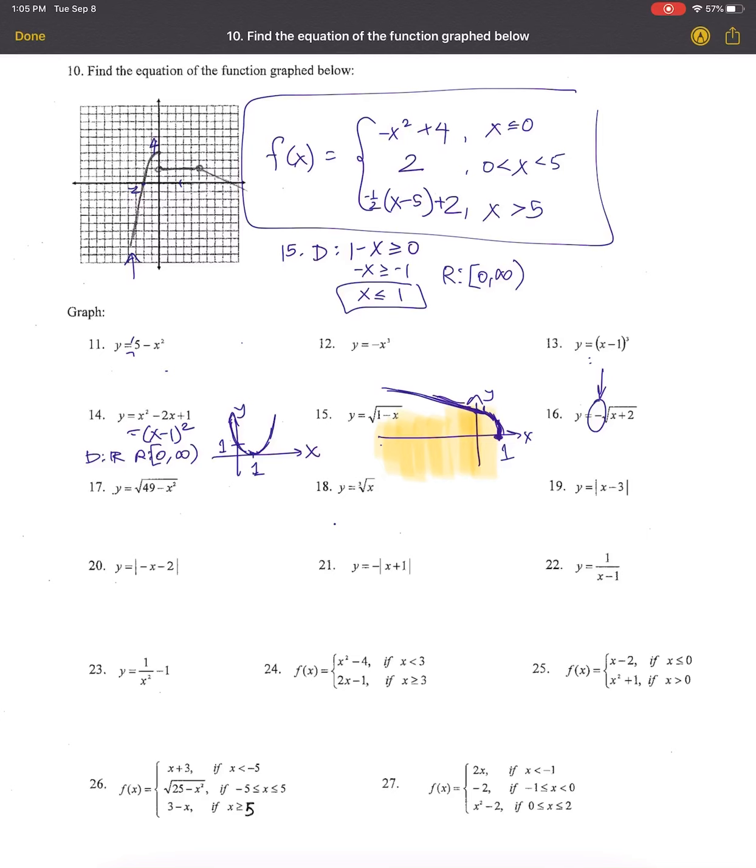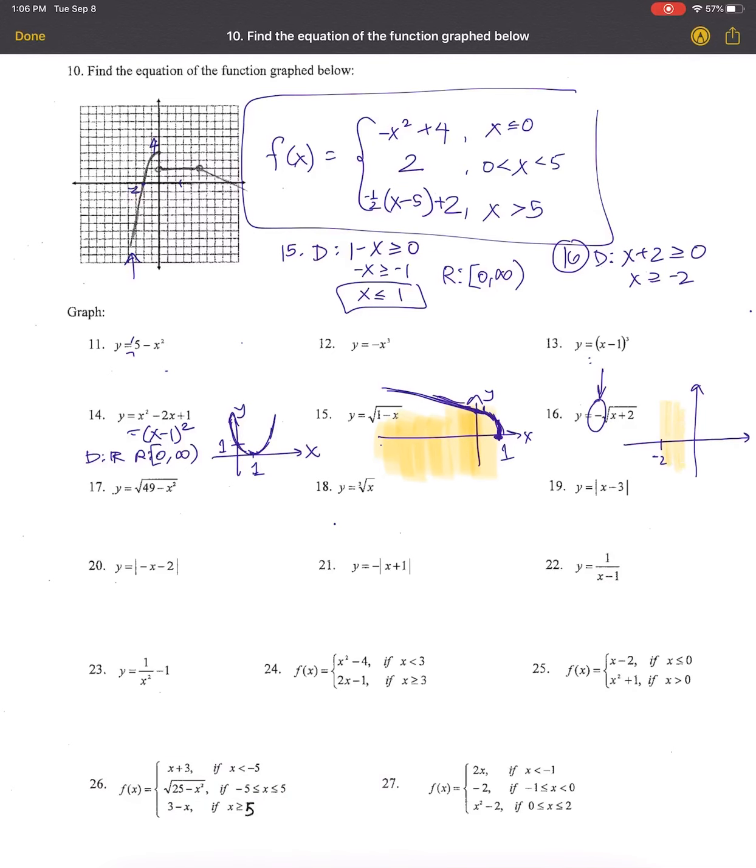Okay, 16 is very similar. And for 16, if you want to do domain again, just like you did, that's super helpful. So set the inside greater than or equal to 0. And if I do that, I get x has to be greater than or equal to negative 2. So for 16, when I go to graph this, I find my negative 2, and I want my domain to be greater than or equal to that.